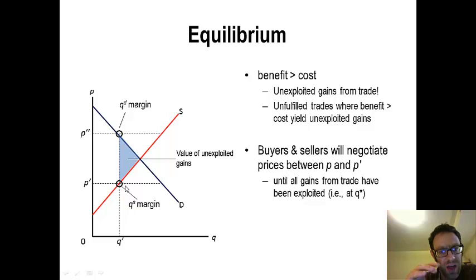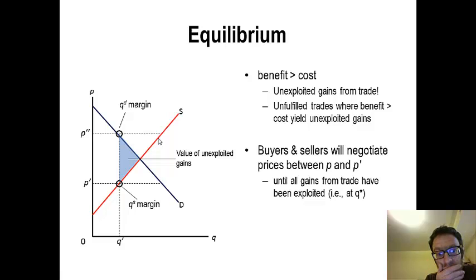So the net gains to society can be viewed as just the area of this blue triangle here. And if we don't trade in those commodities, well, then we've left gains on the table. We've not taken advantage of the full gains in trade that are out there.